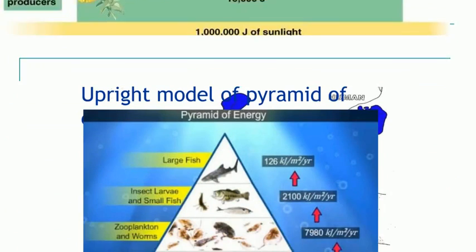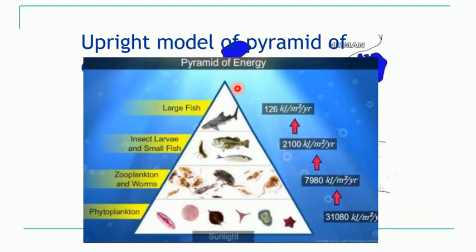Even in this next diagram, we can see that the energy always goes on decreasing from producers to the top consumers. Okay, always the energy is going to decrease, that's why it is upright.